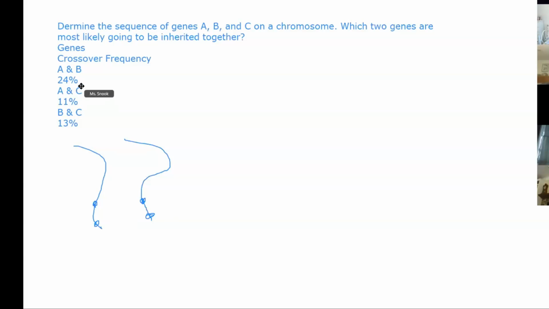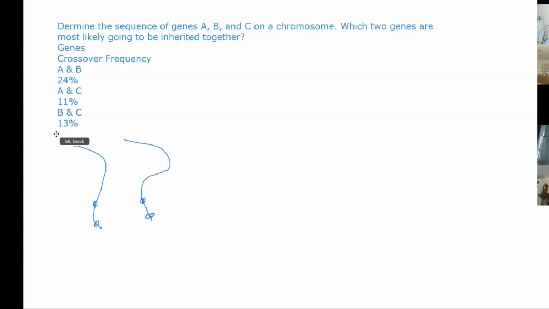What we find, and this is Thomas Hunt Morgan who came up with this, is that he came up with his own unit of measurement called the centimorgan, and it's a relative term basically. Each centimorgan distance is equal to 1% crossover. So in this case, A and B cross over 24% of the time, which means they're 24 units apart.